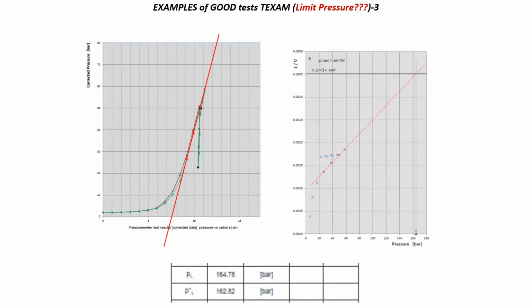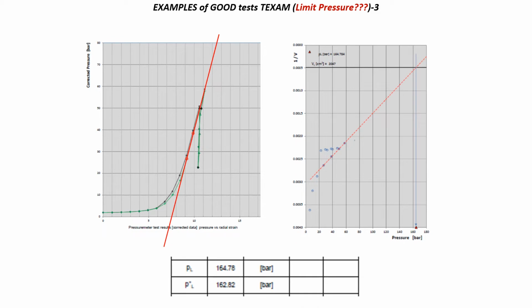Another example, here guys, your soil has not even started yielding. By the way, keep in mind, it happens very often in dense non-cohesive material: sand, silty sand, sandy silts, non-cohesive silts. It's so dense, you don't fail it, you just densify it, period. So you don't have a limit pressure.